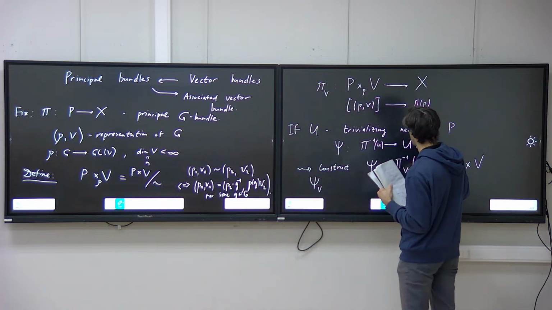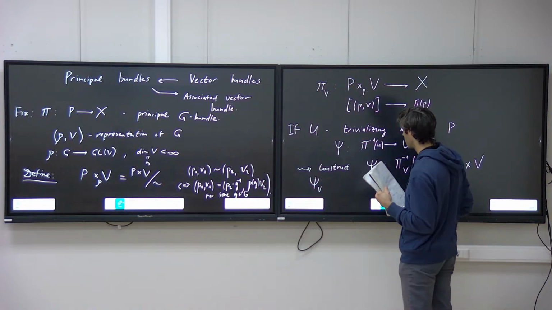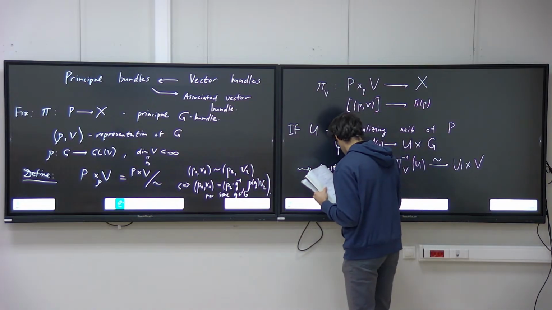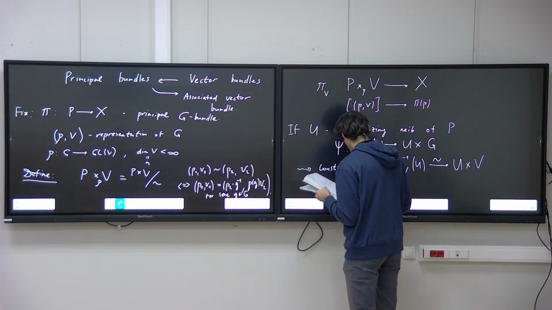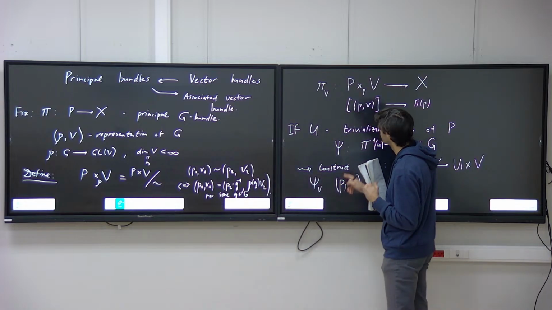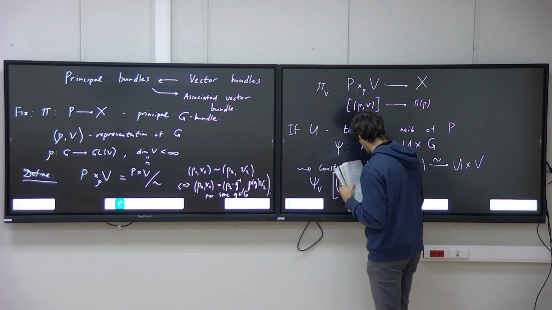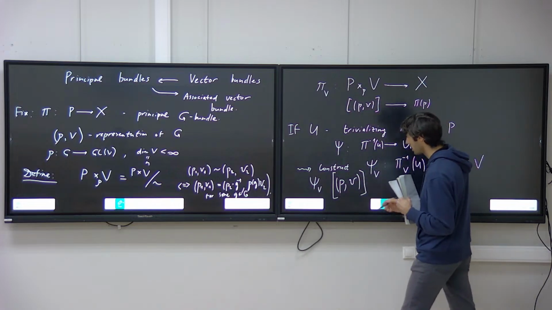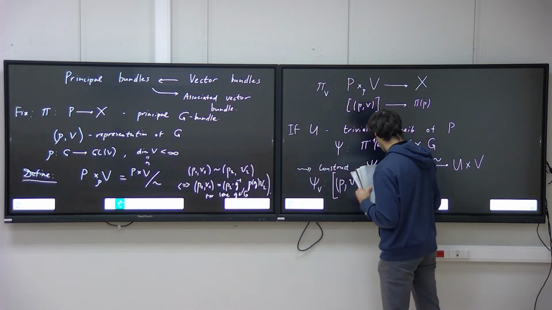This lives inside this guy, and so this is some class with representative given by a pair (p, v). So v is a vector from V, p is a point in P capital. I take a whole class, and I need to map it somewhere.